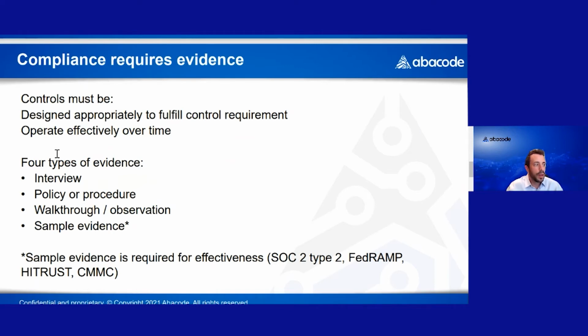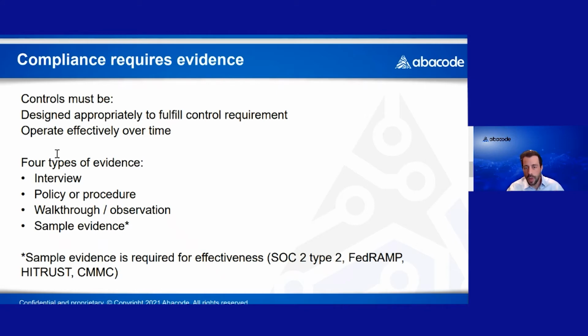But again, those are very, very rare. Almost every control should be able to have some kind of sample evidence, and the SIEM and your SOC team can be your source of data for almost all of that sample evidence. And sample evidence is required for effectiveness for SOC 2 Type 2, FedRAMP, HITRUST, and CMMC.